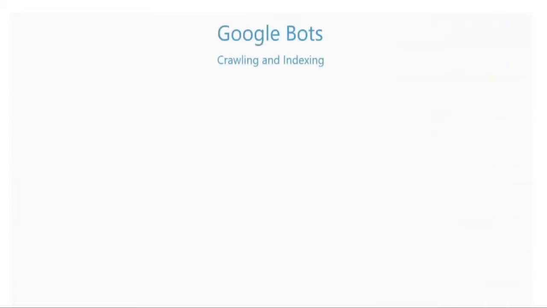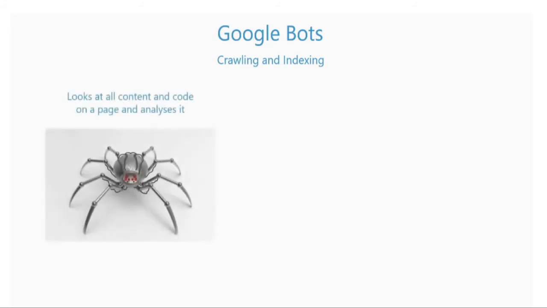So what are Google bots and what do they do? A bot is really a program that can interact with different systems. So the Google bots crawl and index the internet, of which your site is a part. Looking at crawling, crawling is when the bot looks at all the content and code on all your pages and they analyze it.